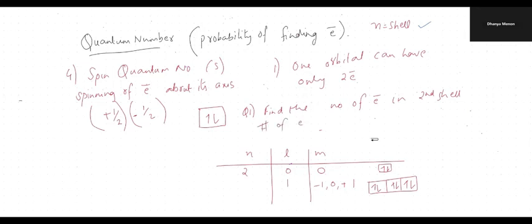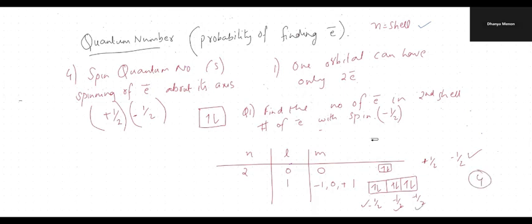In this particular orbital, how many electrons will have spin minus half? 1 electron will have it, because one will have a positive half, the other will have a negative half. In each orbital, there are 3 orbitals there. One will have plus half and the other will have minus half. In this orbital, one will have plus half, one will have minus half. In this also, plus half and minus half. So total, how many of them will have minus half? 1, 2, 3, 4. 4 of them.